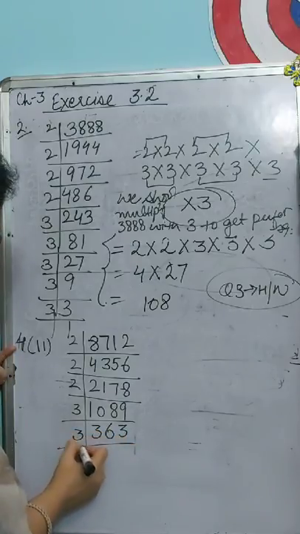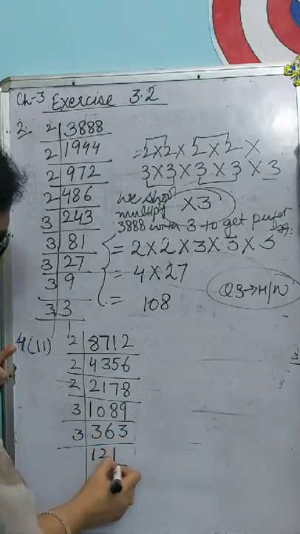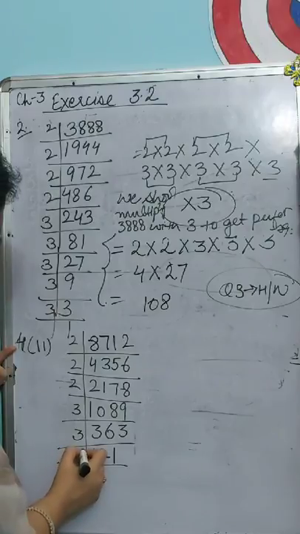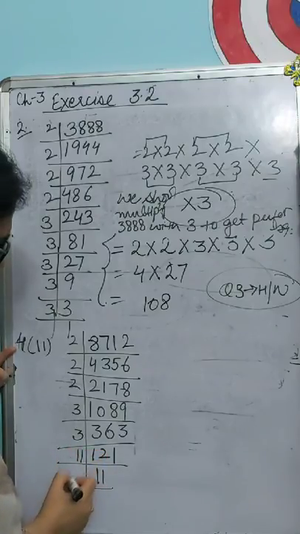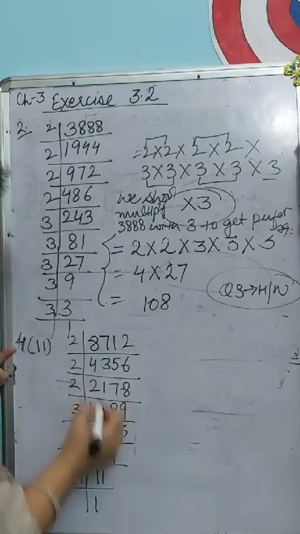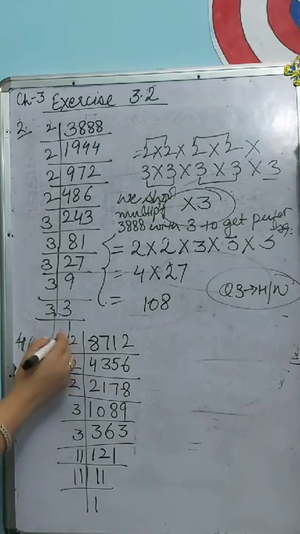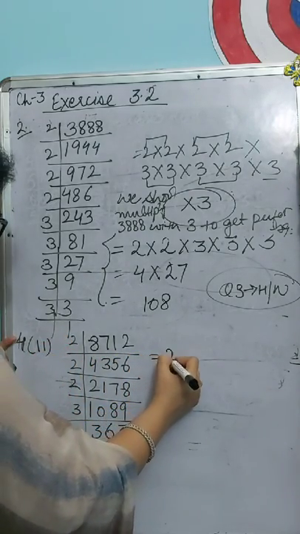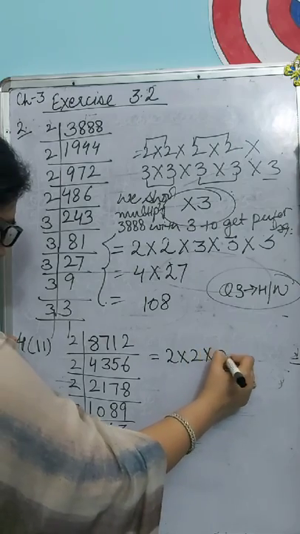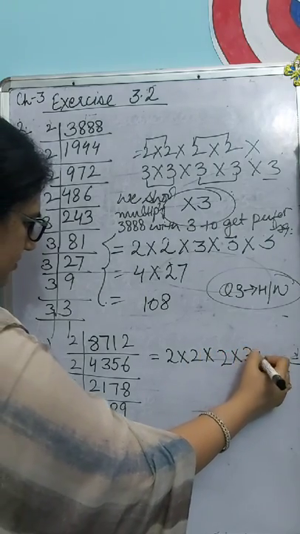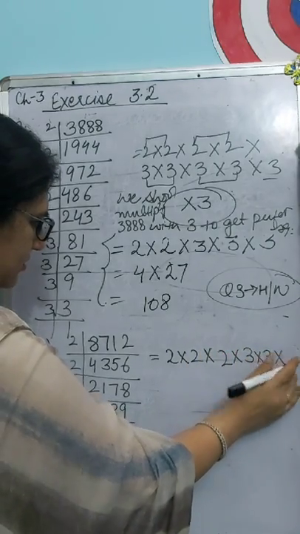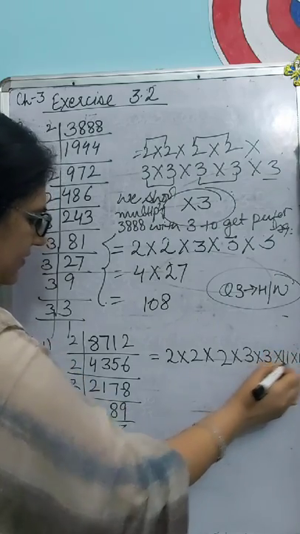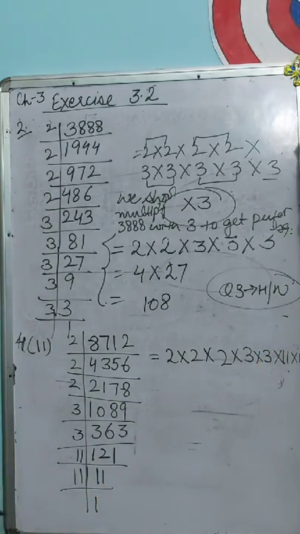Then 11 11s are. Then 11 1s are. So this is the number's prime factorization: 2 into 2 into 2, 3 into 3 into 11 into 11. So here the question is by which number we should divide the number to make it a perfect square.